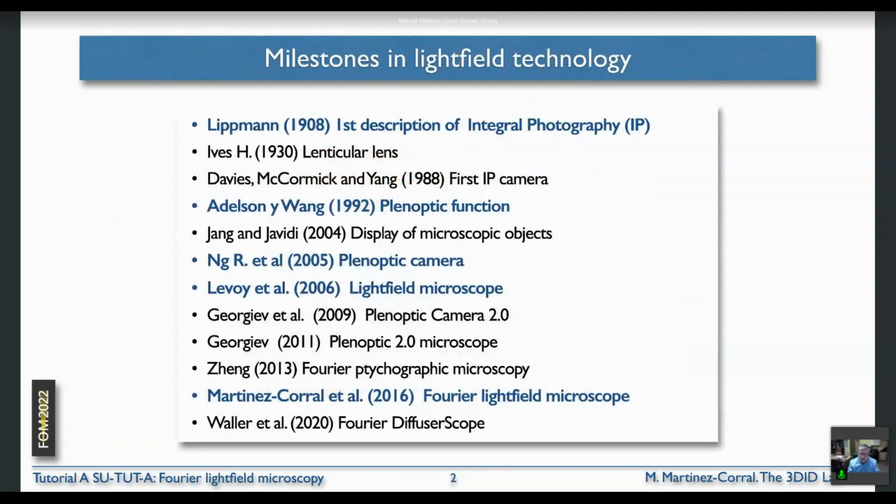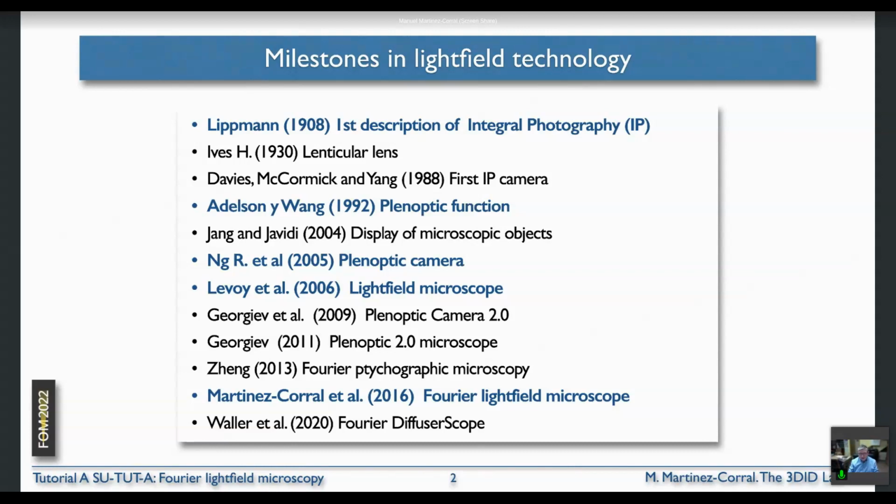In my first slide, I would like to remark the milestones in the development of Lightfield technology. In fact, Lightfield technology was reported much more than 100 years ago. Lippmann, at the beginning of the 20th century, reported the first description of this technique, which at the moment was named integral photography.